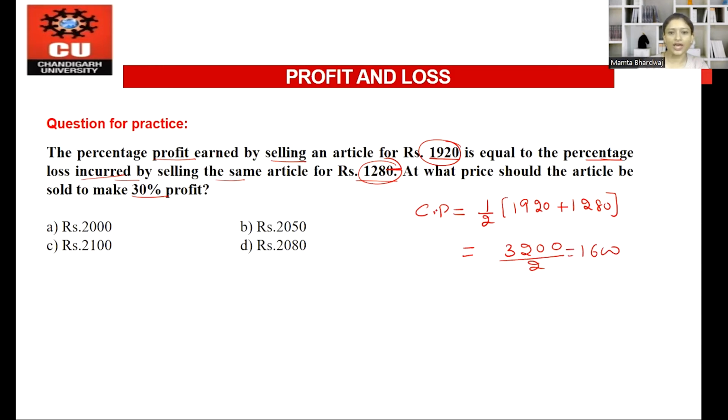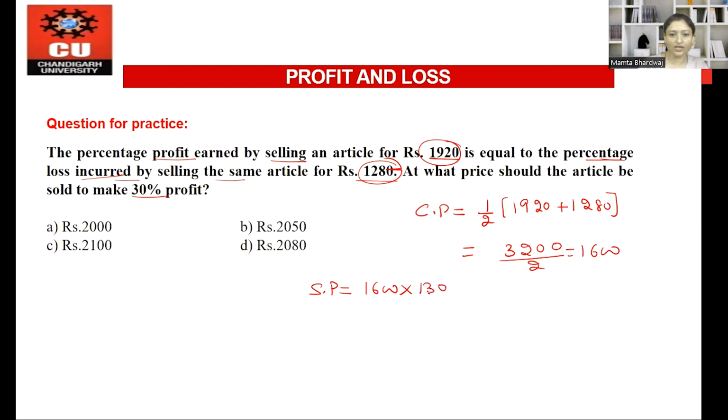Now what we need to calculate: at what price should the article be sold to make 30% profit? So we need to find the selling price. The cost price is given to us as 1,600 and there is a profit of 30%. If we assume the cost price as 100 and the profit is 30%, the selling price becomes 130.